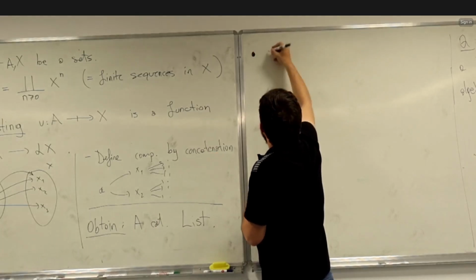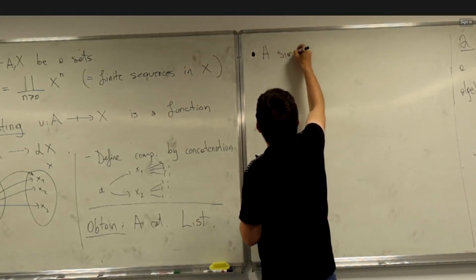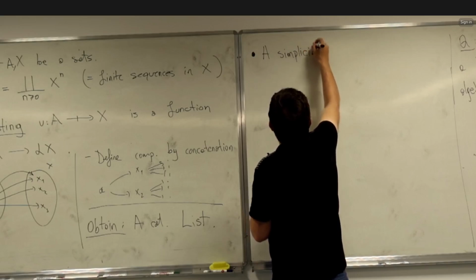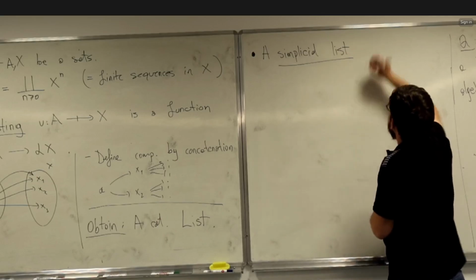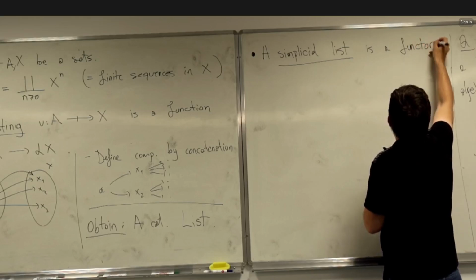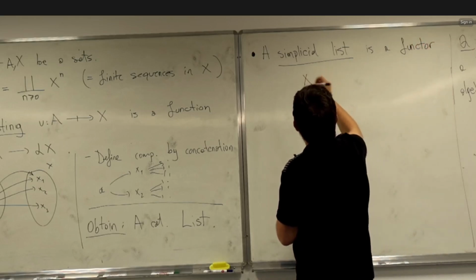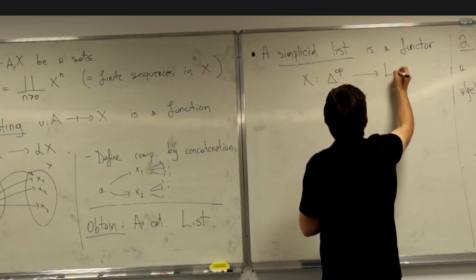So we are interested in a simplicial list. Our main object of study is a functor. Say X is a simplicial list, Delta op to List.